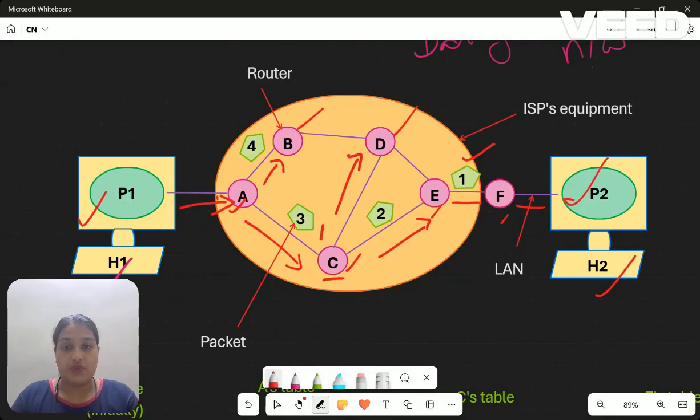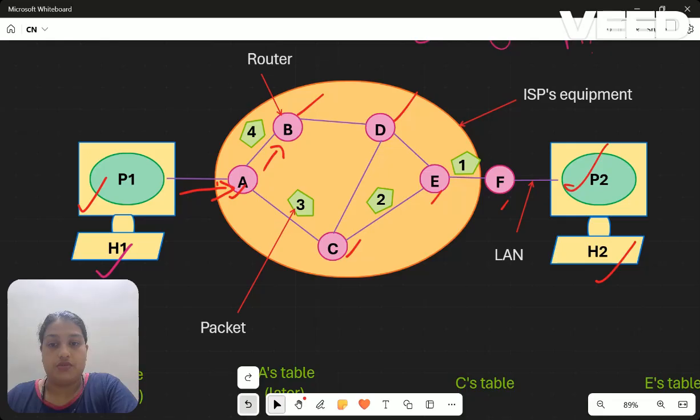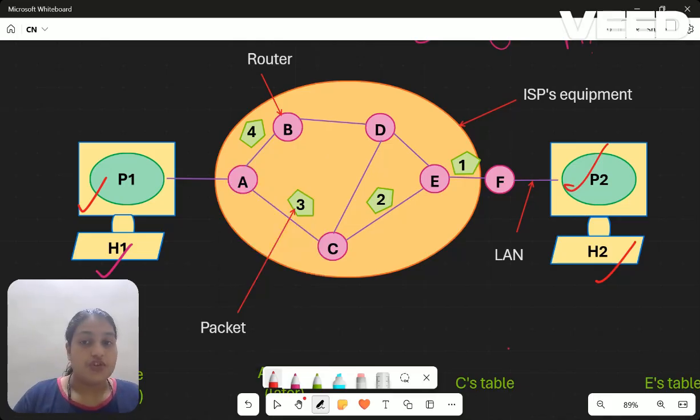So that is one way the packet can go. I'll remove all this to avoid confusion. That is one example of how it can happen. So like that, there are multiple routes.